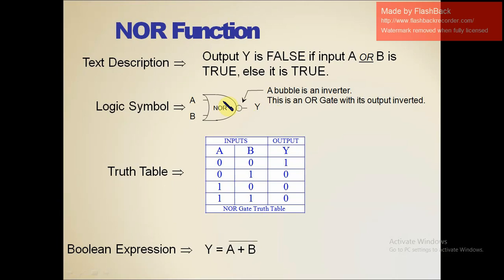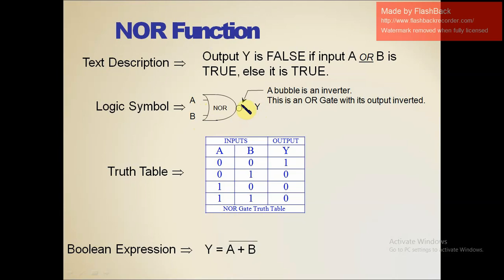NOR function: same as we learned AND and NAND, NOR is the opposite of OR. Here is the description: Y is false if input A or B is true. When a true value is received, it generates false.